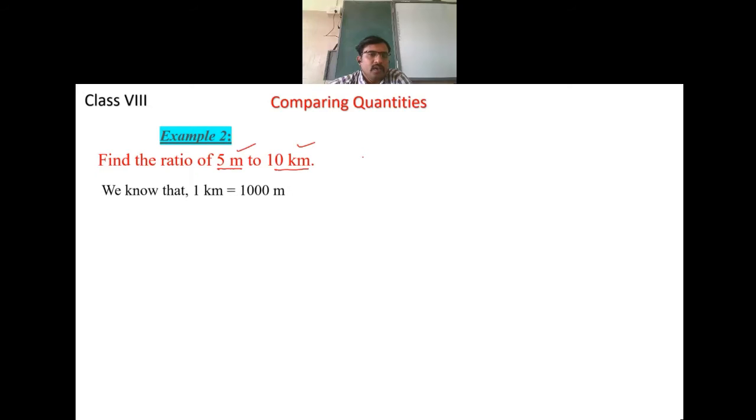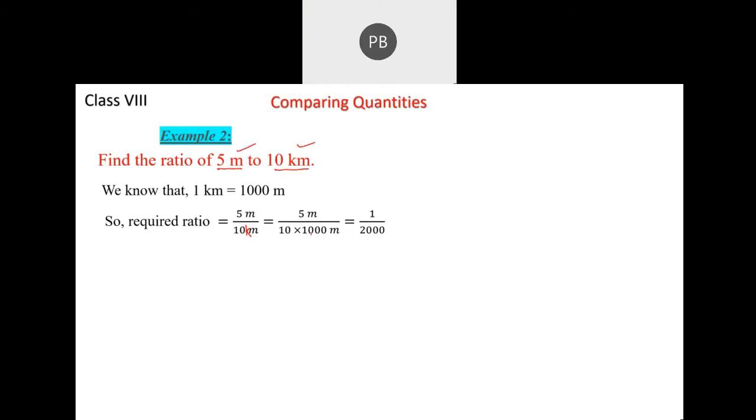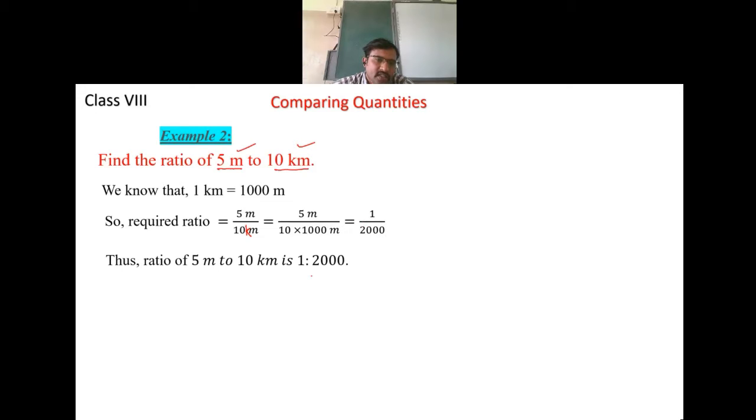We know that 1 kilometer is 1000 meter. So the required ratio will be 5 meter upon 10 kilometer. When we convert it, 5 meter by 10 times 1000, which will be 1 is to 2000, and it is written like this: 1 is to 2000.